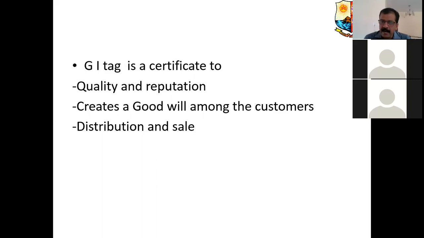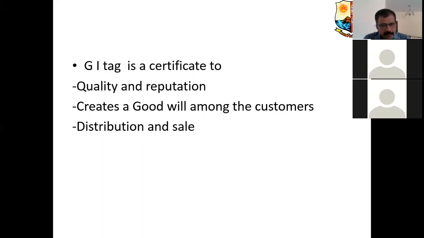If any product can be identified with a geographical tag, then it tells you about the quality of that. It creates goodwill among the customers. Because of the product's quality, the customer is able to maintain goodwill.